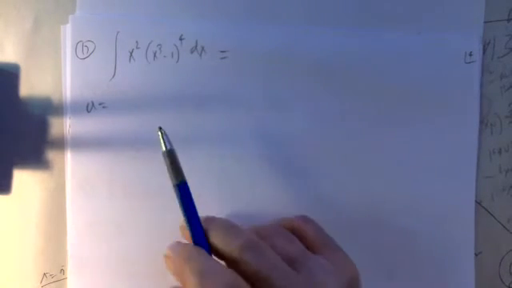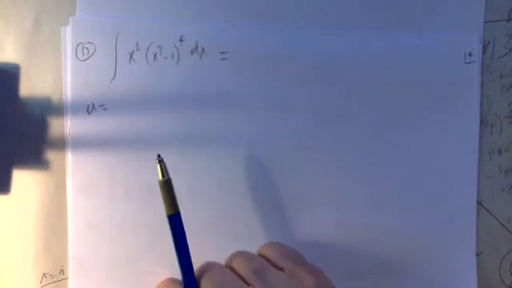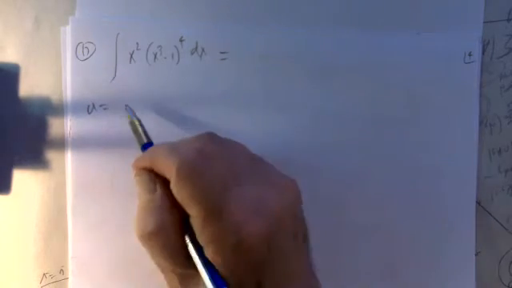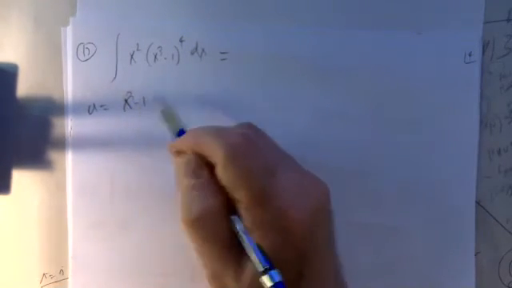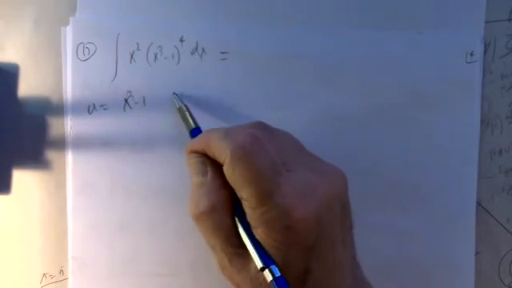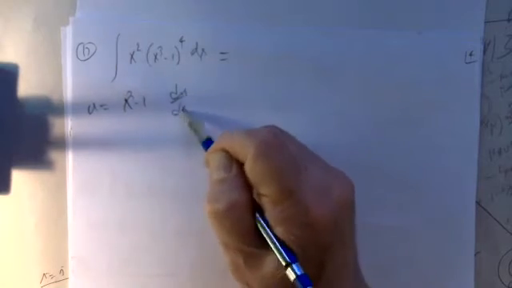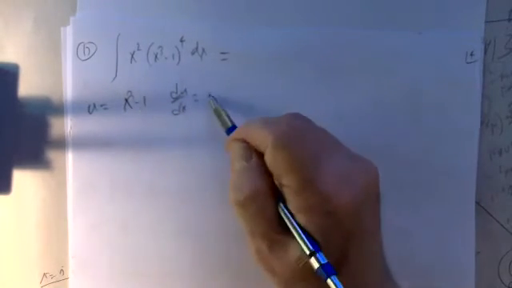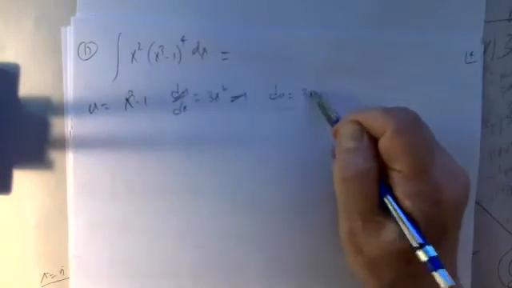Any suggestions? What should I let u be equal to? x cubed minus 1. Yes, so if you let u equal x cubed minus 1, then du dx is 3x squared. So du is 3x squared dx.